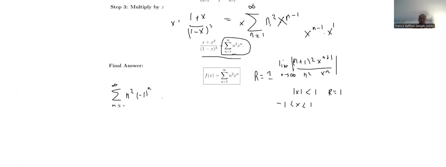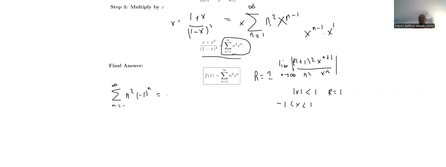Clearly, this will not converge. This one will diverge. It will be alternating, and some terms will go to infinity whenever n is even, and when n is odd, it will go to negative infinity. So this one will diverge using the divergence test.